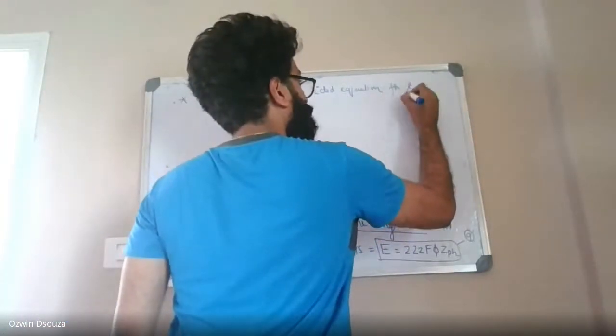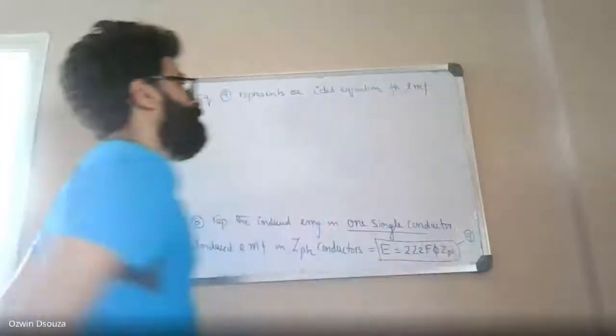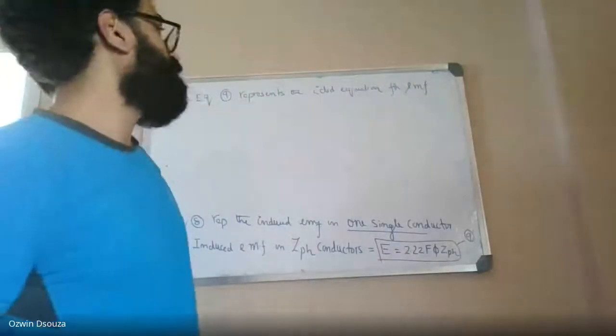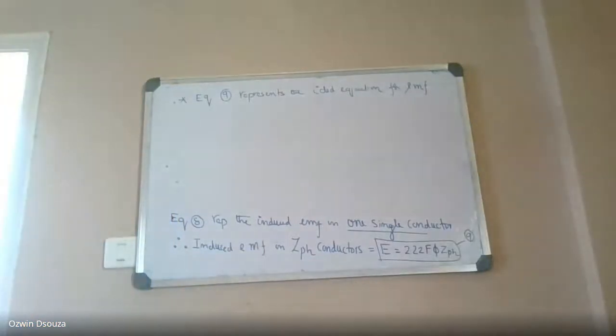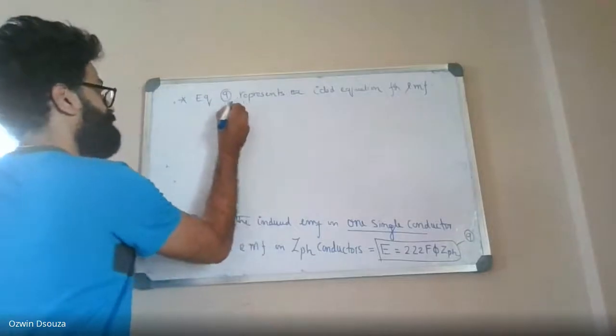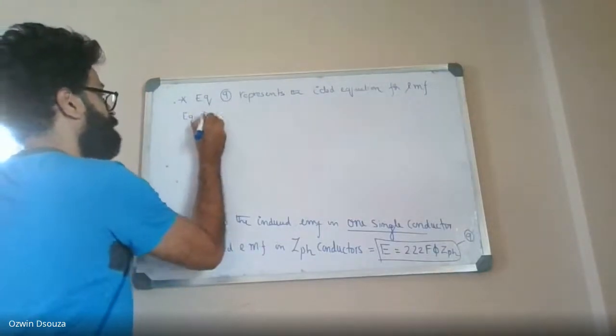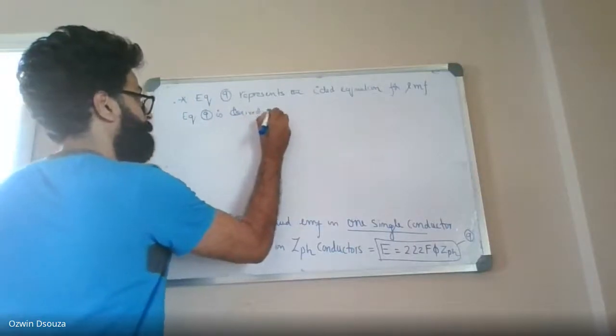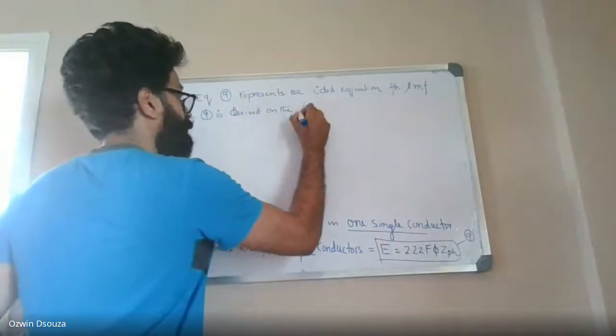Equation 9 represents the ideal EMF equation of a synchronous alternator. Now, equation 9 is derived on the following basis.